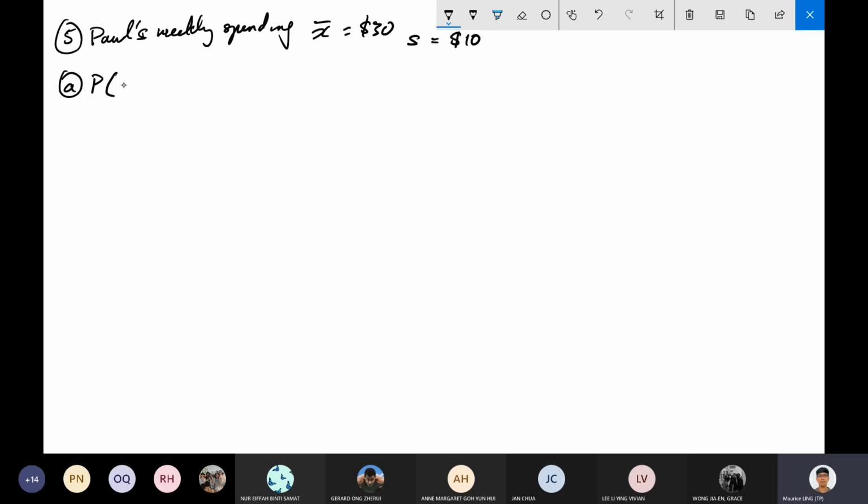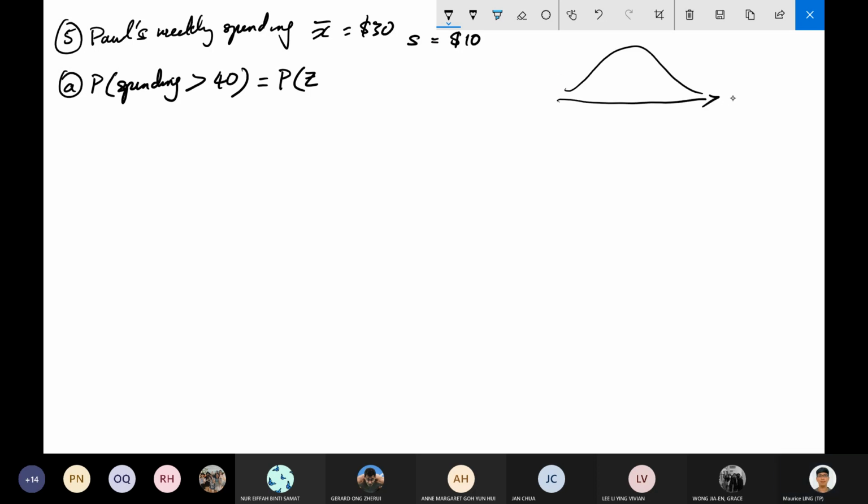Okay, so let's say the spending is more than $40. So how do you do that? You have to convert it to the z-score. So here you are actually doing something like this. This is the spending.